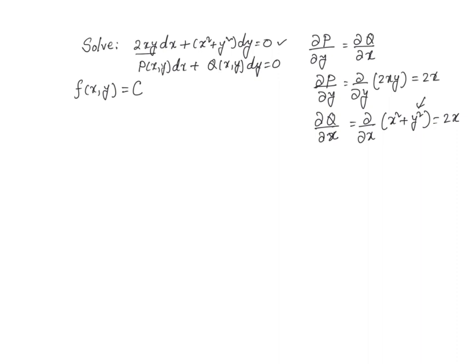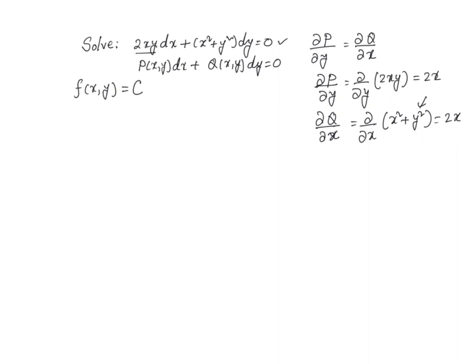How do we go about finding that? We know that P(x, y) is nothing but the partial derivative of f with respect to x. Now, what is P(x, y)? This is actually 2xy, and that is equal to ∂f/∂x.